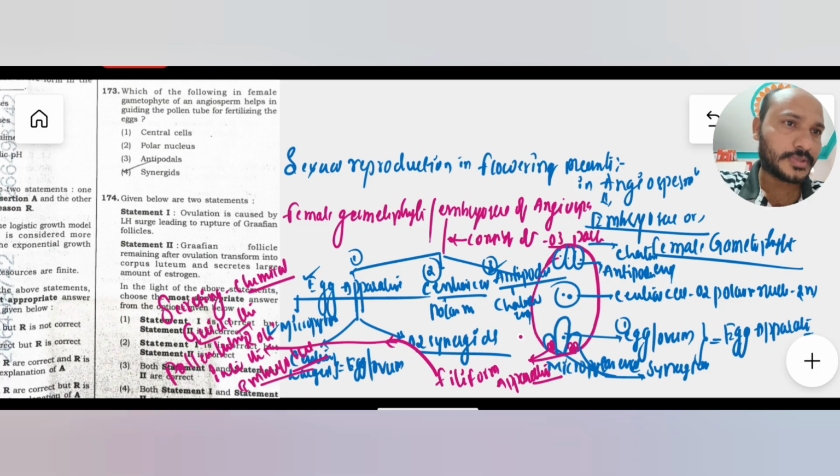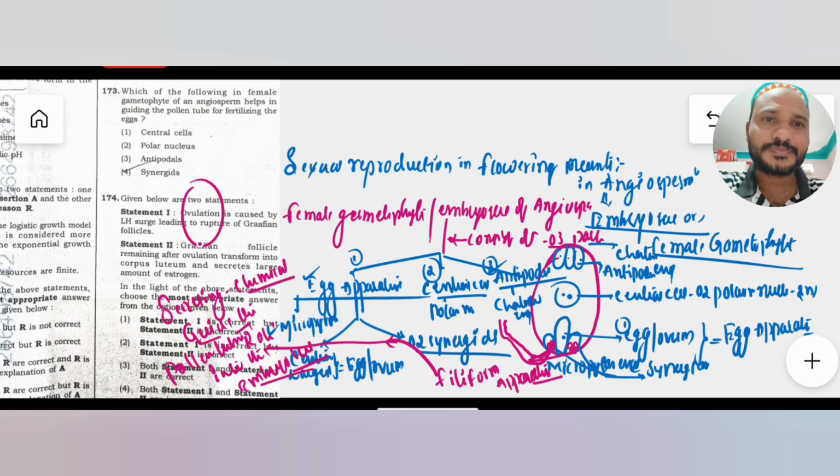For example, if you have a pollen tube like this, this pollen tube takes entry through the filiform apparatus in the synergids.